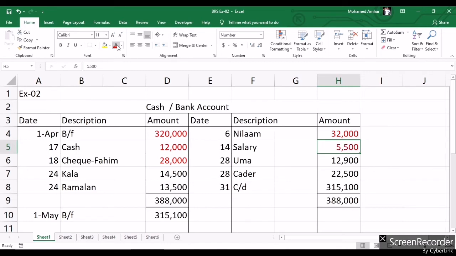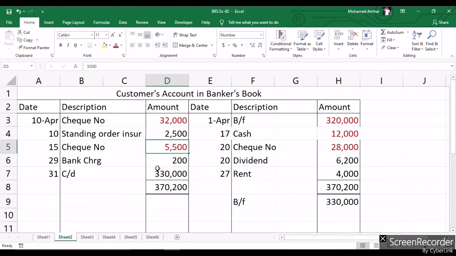Okay, right. Then a check has been issued to Uma 12,900. Check whether it is there. Check issued to Uma is not here. So this is a check issued but not presented yet.